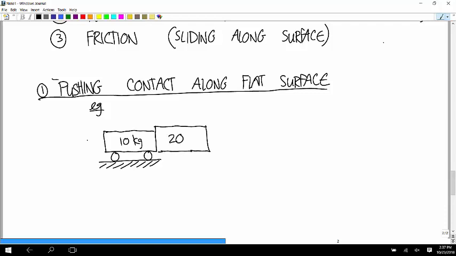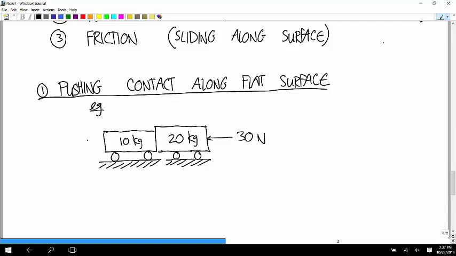Let's say this one has a mass of 20 kilograms. And then let's say that there's a force, and we don't always know where the forces come from, but let's say that there's a 30 Newton force applied to the right side of the 20 kilogram cart.